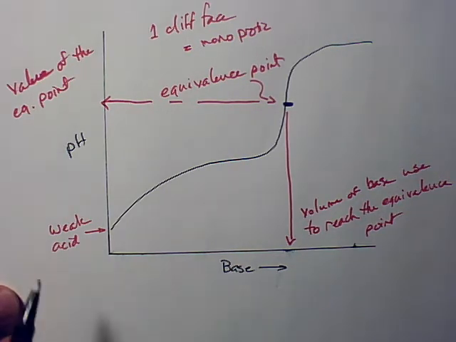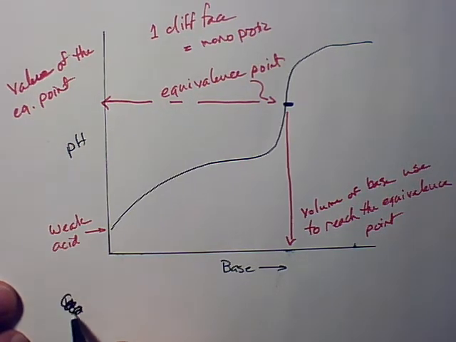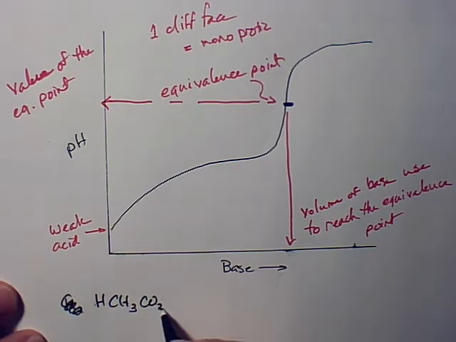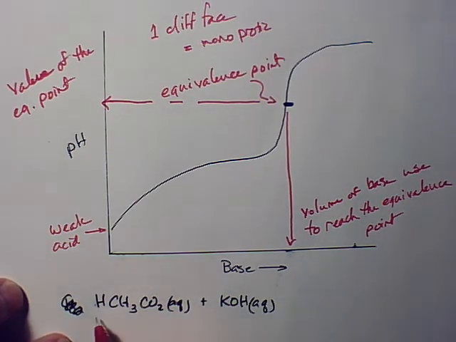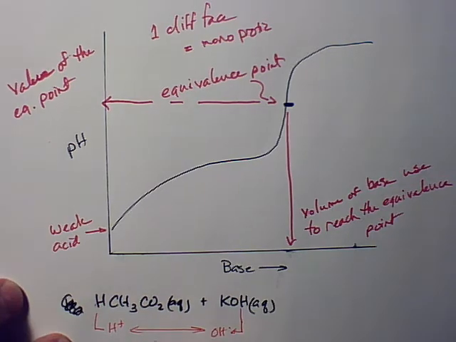The acid we used on Monday might look something like this, the weak acid from Monday. Oops, that's just one hydrogen. HC2H3O2. And we were putting KOH solution in it to neutralize it. So the proton here came off, joined up with the hydroxide here. And so we're making water.